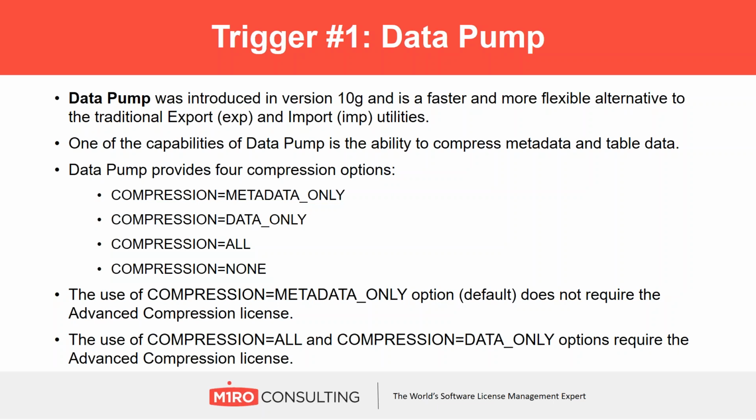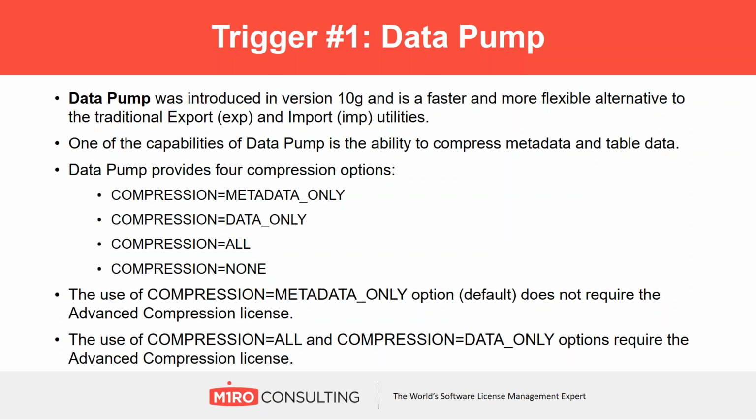Oracle provides 4 different types of compression options: COMPRESSION equals DATA_ONLY, METADATA_ONLY, ALL, or NONE. If you use METADATA_ONLY, which is actually the default option, that does not require an Advanced Compression license. However, if you use COMPRESS ALL or DATA_ONLY, that does require the Advanced Compression option.